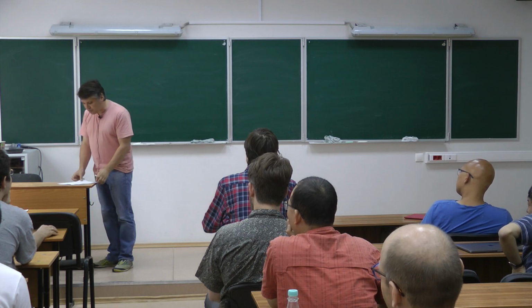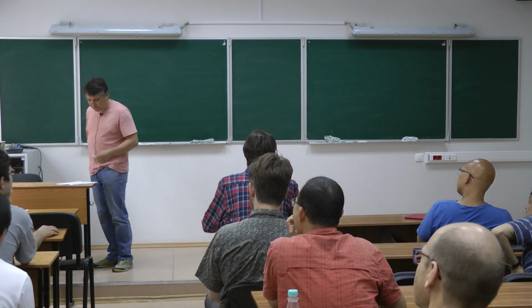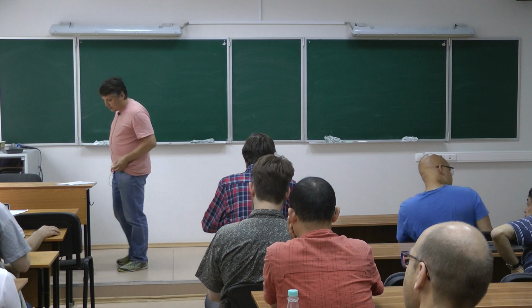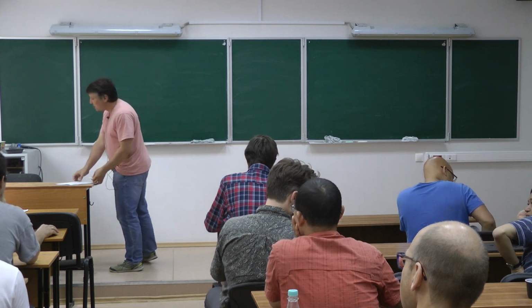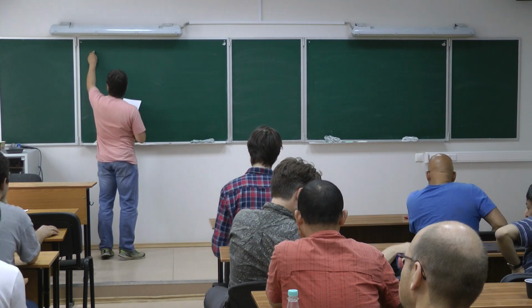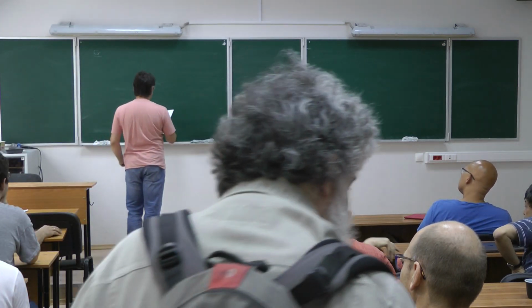Okay, so this talk is roughly speaking about arithmetic aspects of mirror symmetry, or maybe say it's inspired by arithmetic aspects of mirror symmetry. So let me start by giving you two examples.